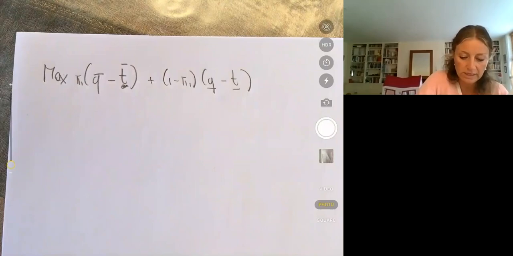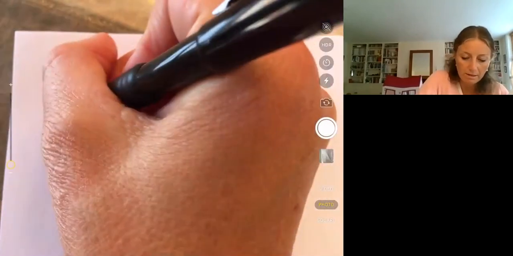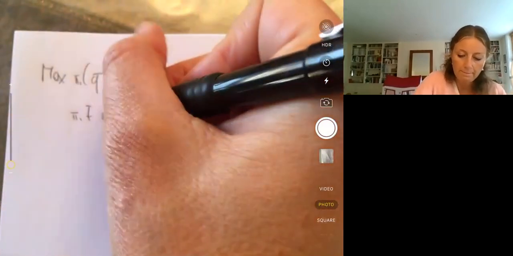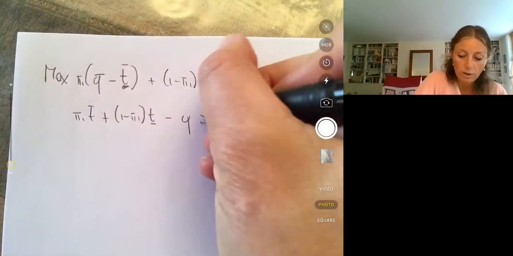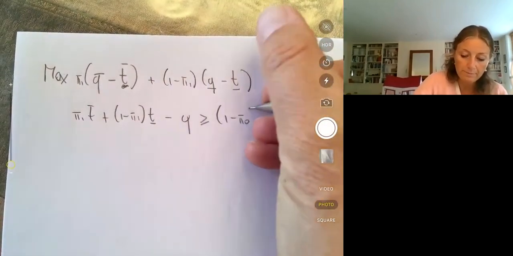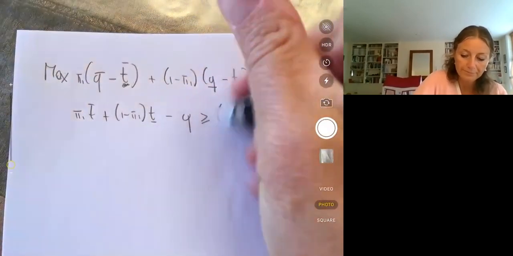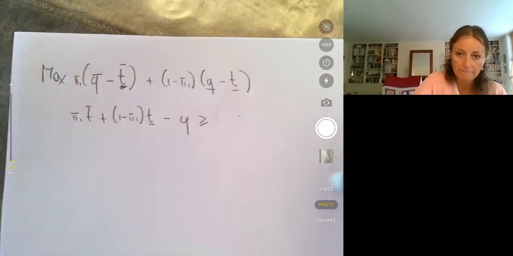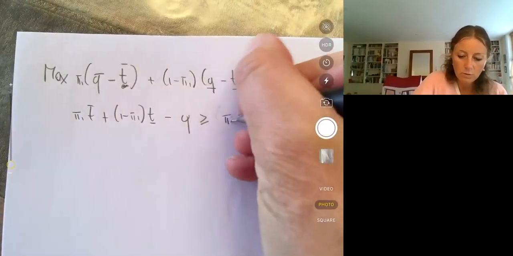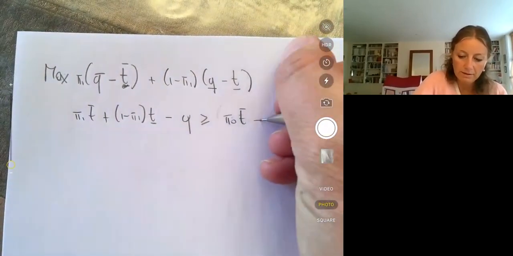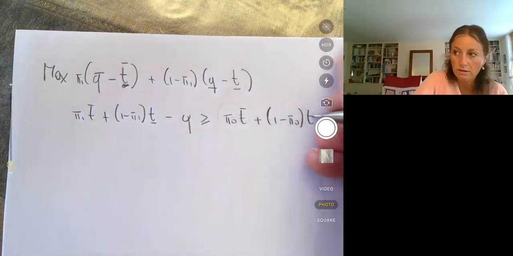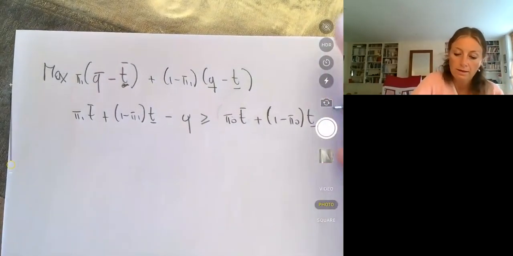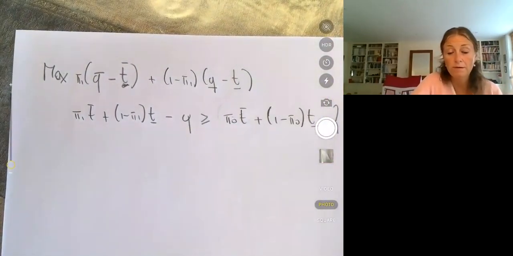So first of all, the incentive compatibility constraint, T upper bar minus psi, minus pi naught T upper bar plus 1 minus pi naught T lower bar, the incentive compatibility constraint.